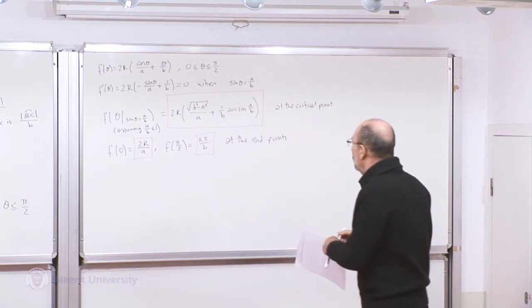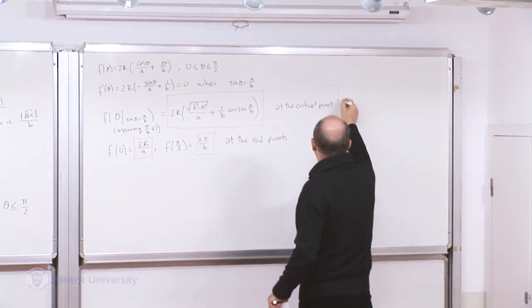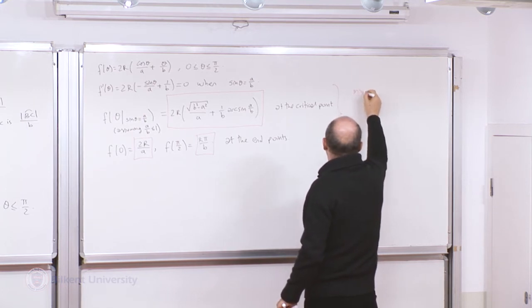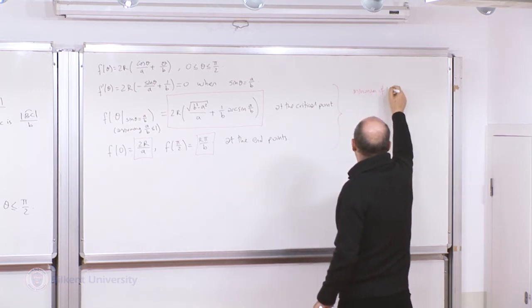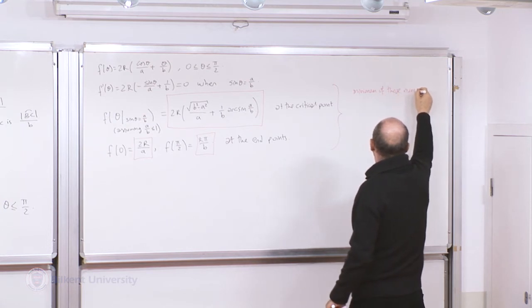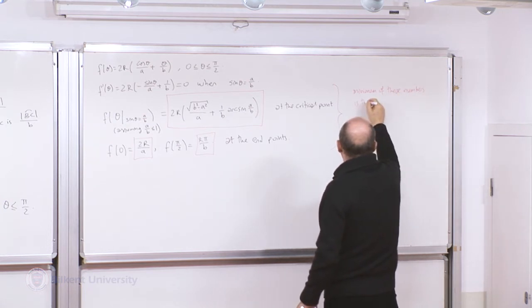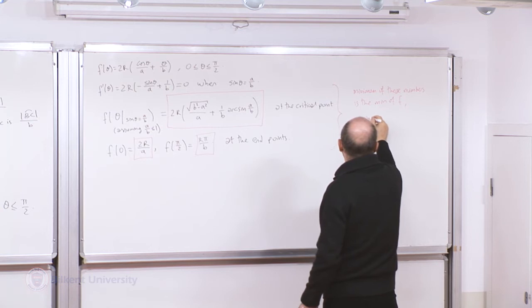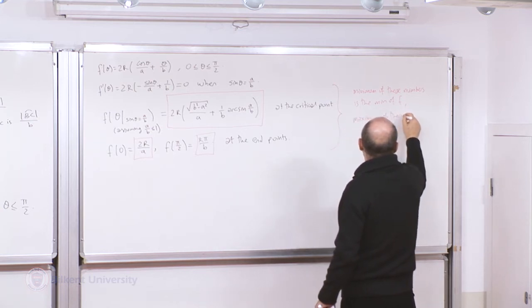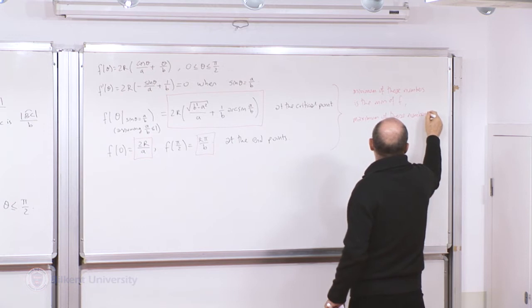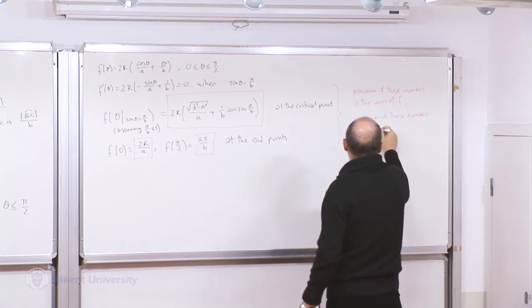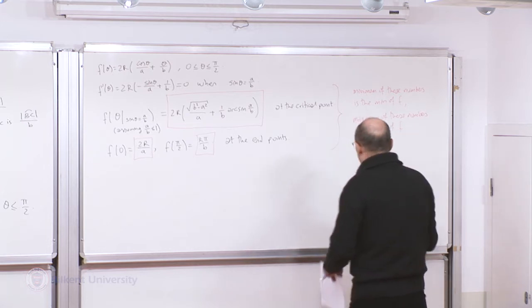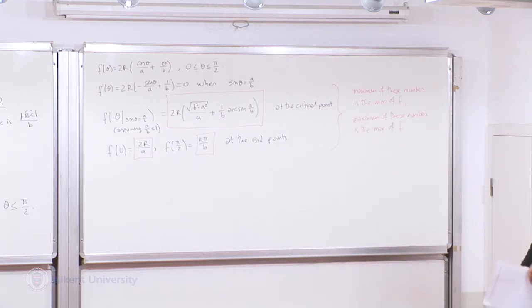The conclusion is that the minimum of these numbers is the min of f, and the maximum of these numbers is the max of f. So practically we solved the problem. Now, given the numbers a, b, and r, you just evaluate these numbers and you make a decision.